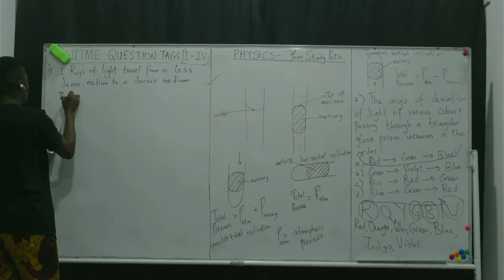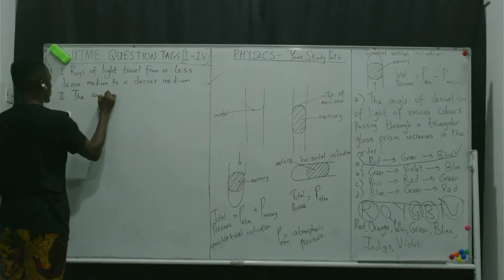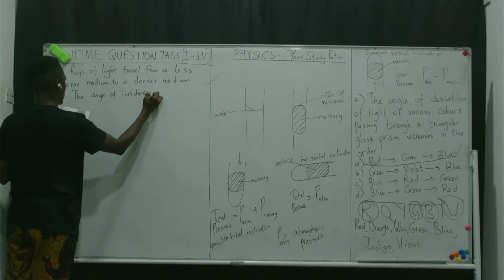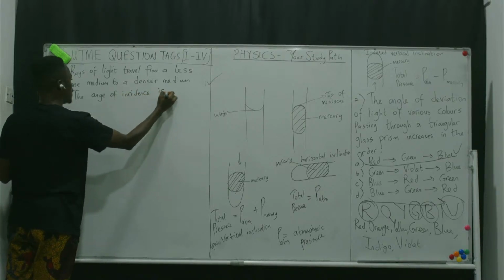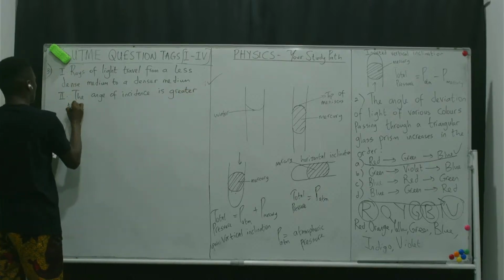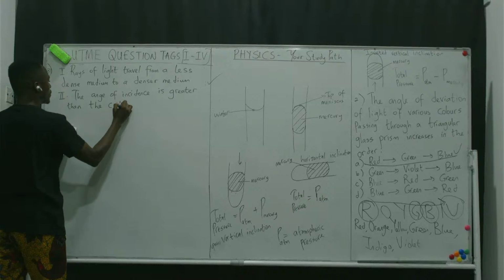II has this to say: the angle of incidence is greater than the critical angle.